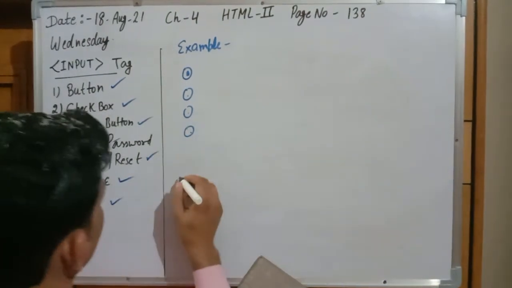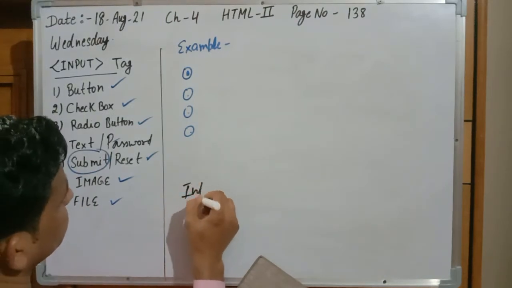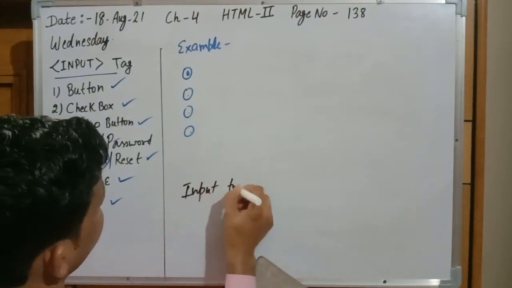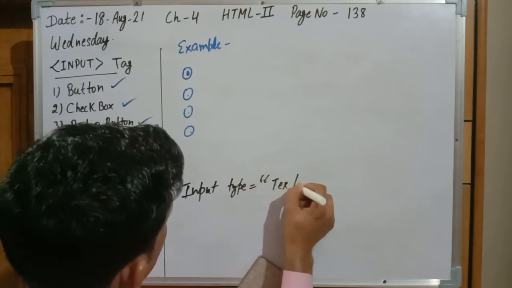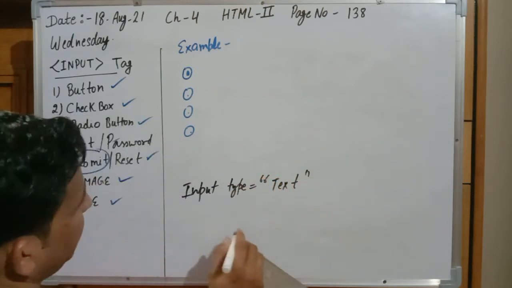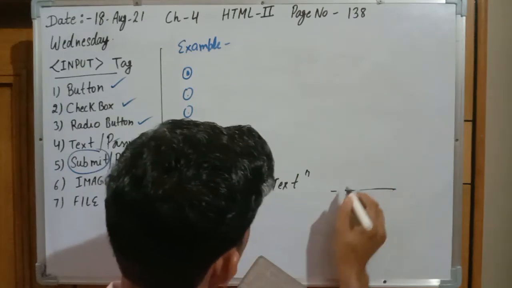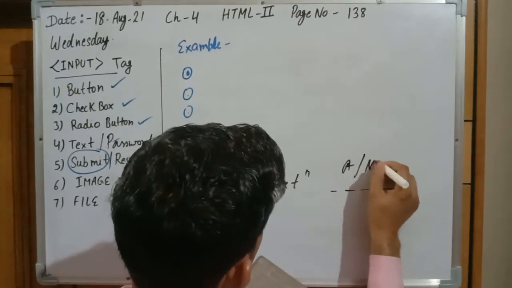I am writing input type is equal to text, and text data will be entered. It means an alphabetical or numeric value can be entered.